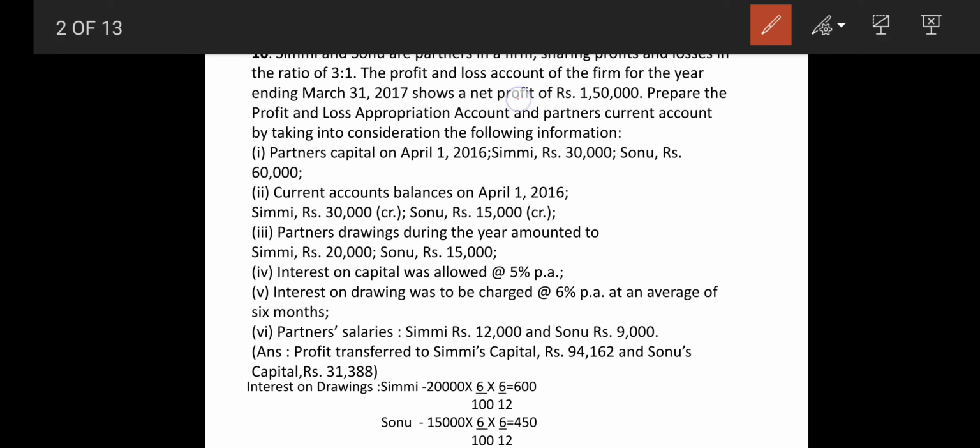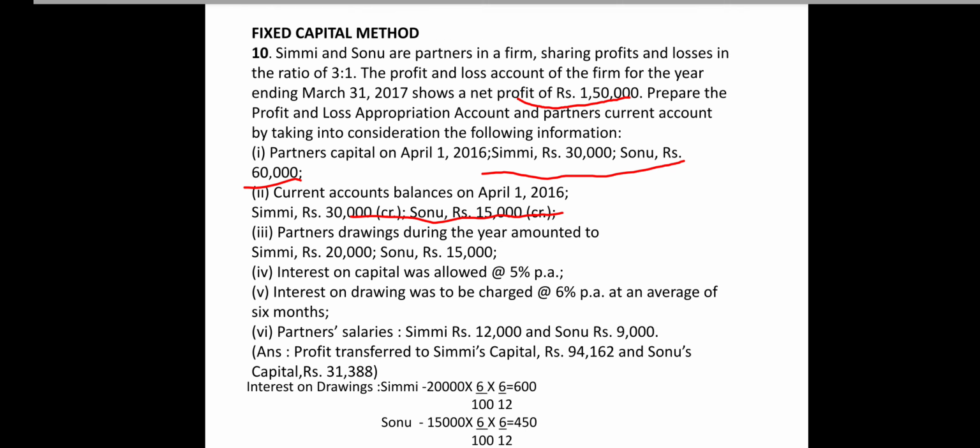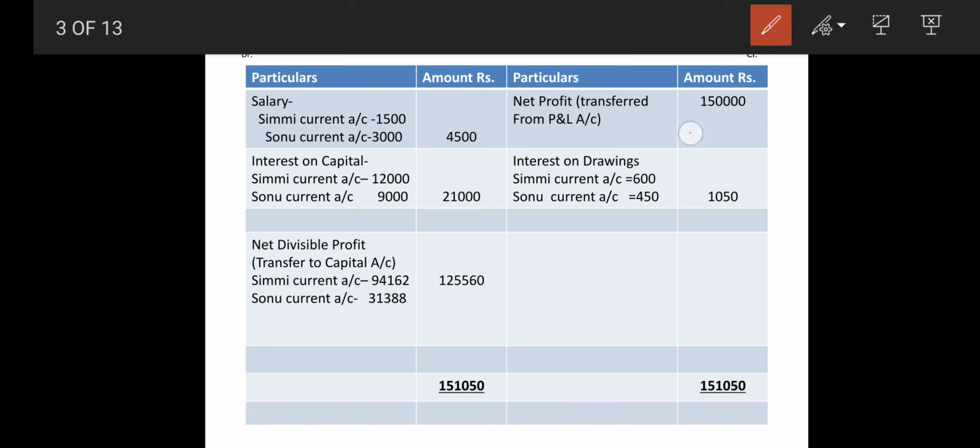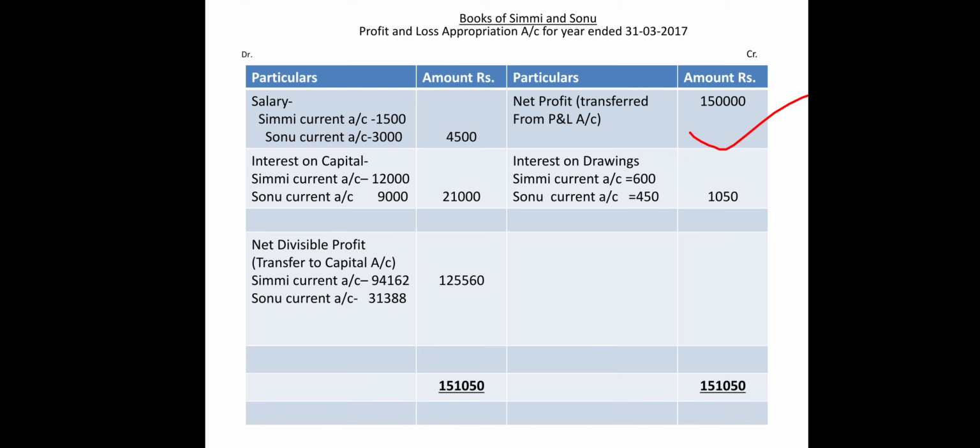Now as we start the sum, the very first thing we have to do is transfer the net profit 1,50,000, and the capital of Simi and Sonu respectively, and the current account balances, 30,000 and 15,000 respectively. So the very first thing we do is transfer net profit from the profit and loss account to the credit side of P&L appropriation.